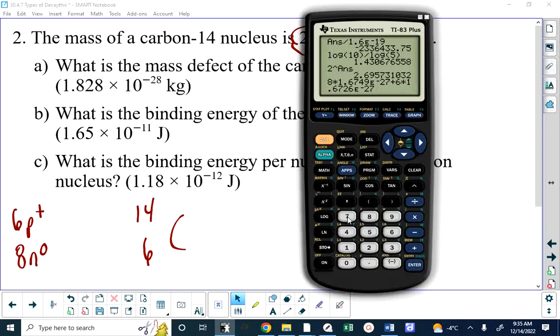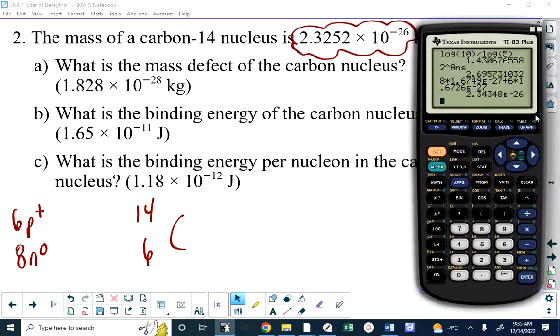Just double check. I think I've got the numbers entered in correctly. What I get is, if you could take that carbon-14 nucleus and just overcome the strong nuclear forces and put everybody in their own little corner and add up all their masses, you would get this number. But this number is just a sliver more than the mass of the nucleus when they're all together.